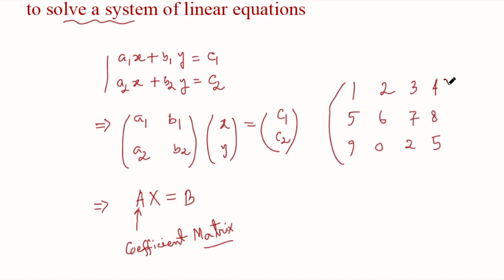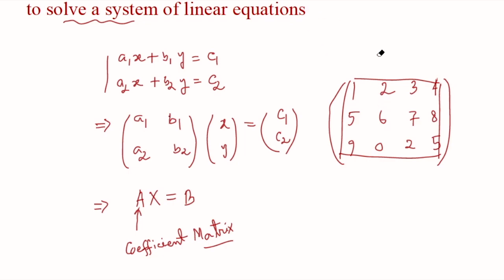What is the definition of a matrix? A matrix is a rectangular array of numbers. Why is it a rectangular array? Because the length is 4 units and the width is 3 units. So it forms a rectangle. That's why this arrangement is called a rectangular arrangement.